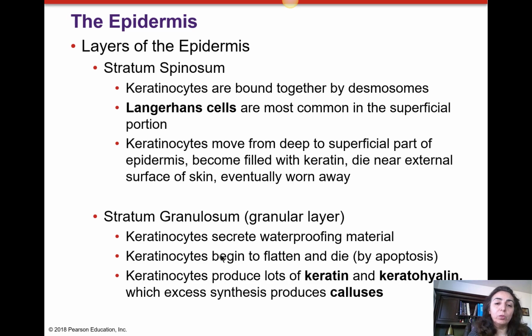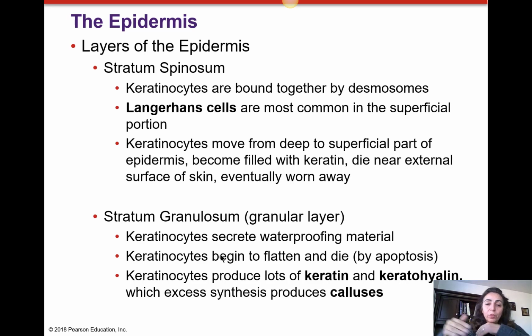Now the stratum spinosum, which you saw makes up a big part of the skin, is mostly keratinocytes bound together by desmosomes. You remember that desmosomes are cell junctions that keep two neighboring cells tightly attached to each other, and that's what we need in the skin.